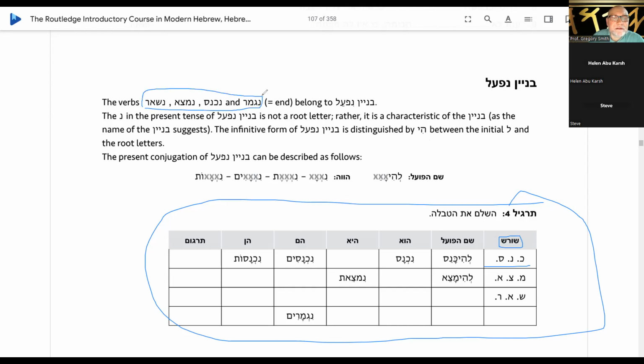This nigmar means to end, like the end of an event, essentially. And these are all under the binyan nifal. If you ever see that written out in English, you would have N-I-P-H-A-L, nifal. And that's just one of those branches.